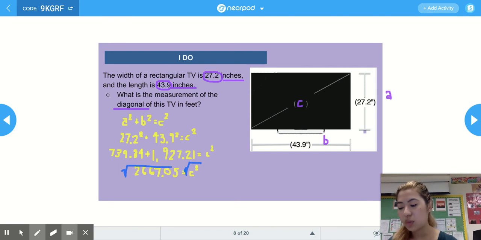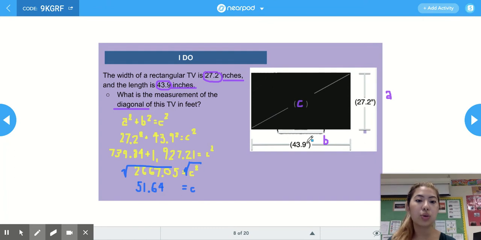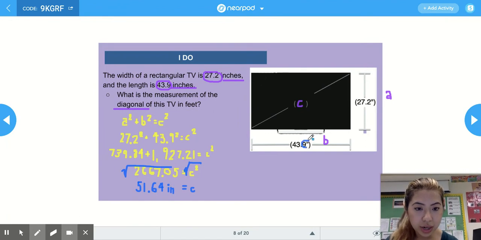If we round our answer to the nearest hundredths place, we'd get 51.64 is equal to c. And in this case, our units were inches. This symbol right here represents inches in math.